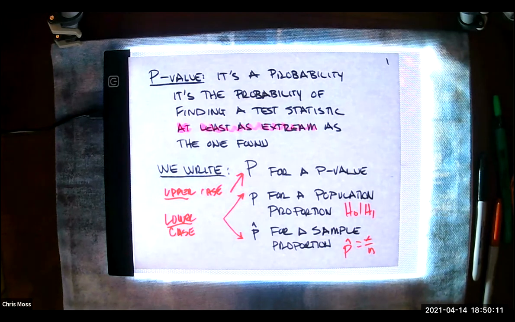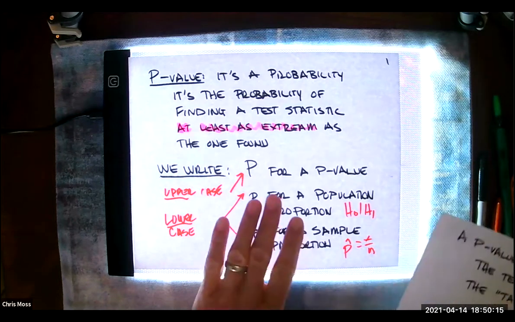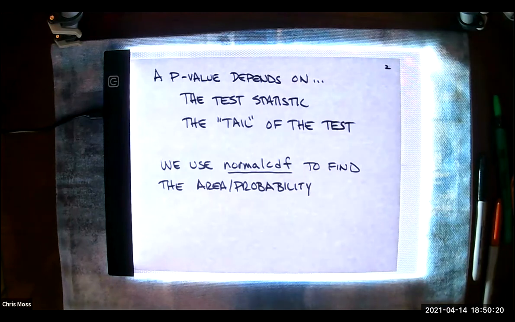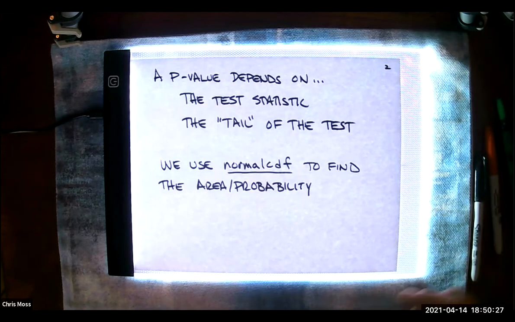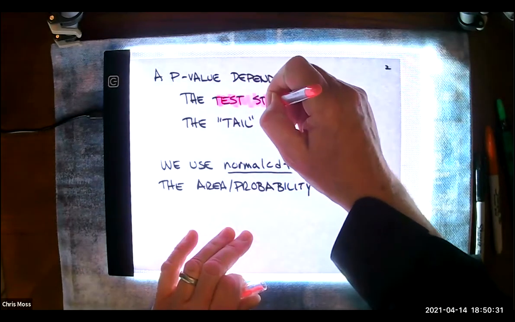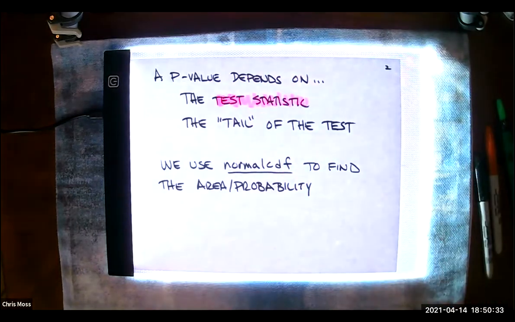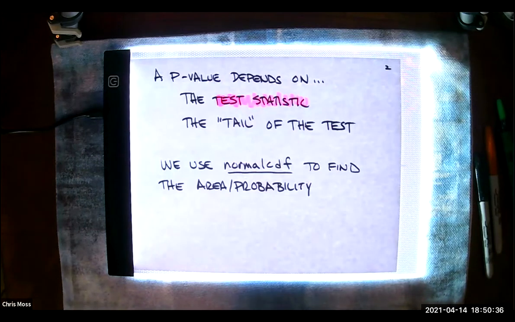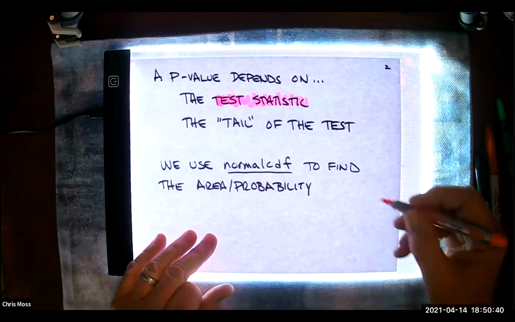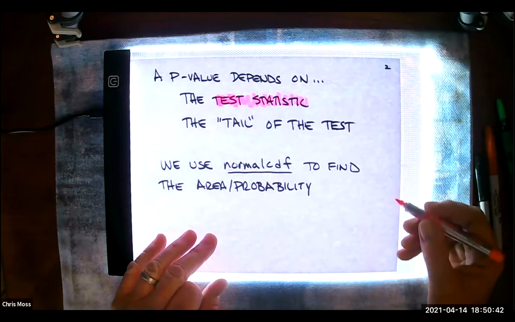And I want to keep this as basic as possible. So I will note that a p-value depends on a couple of things. It depends on the test statistic. This is a very important notion, this test statistic, in developing the p-value. It was negative 1.625 in that last example. And it depends on the tail of the test.